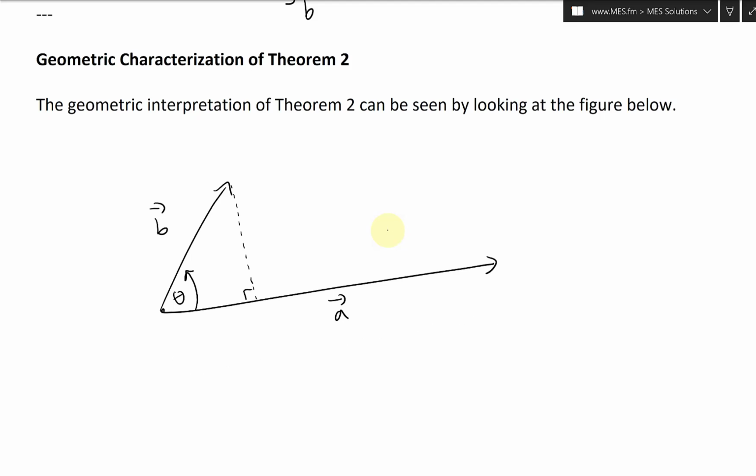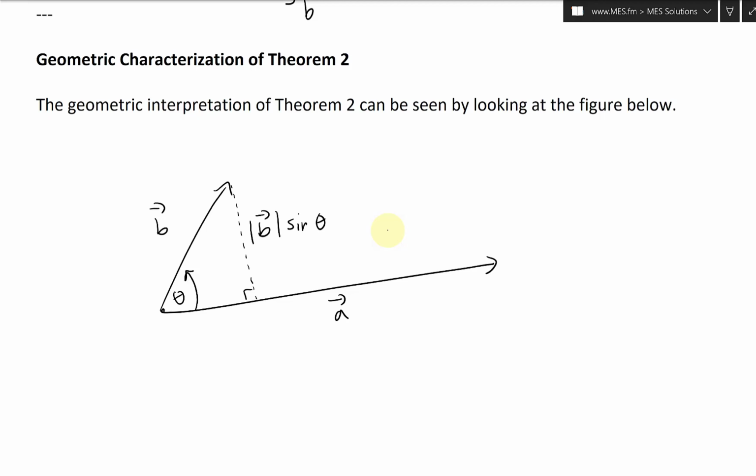But now this length right here, using the Pythagorean theorem, the opposite over hypotenuse is going to be sine. So sine theta equals opposite over hypotenuse, in this case B. Then you can move this over, and this part right here, the opposite, is just going to be the length of B times sine theta.